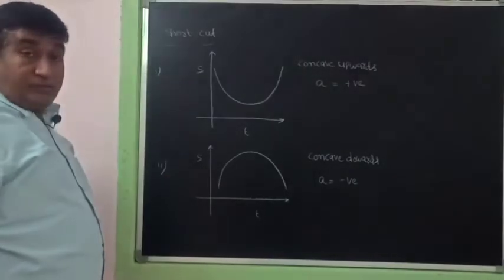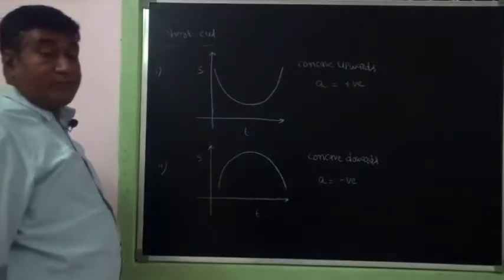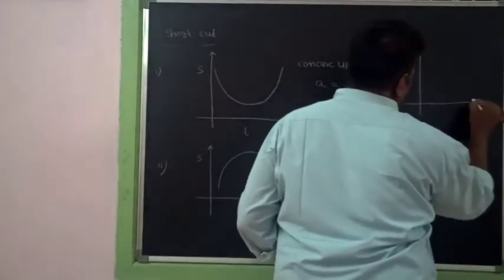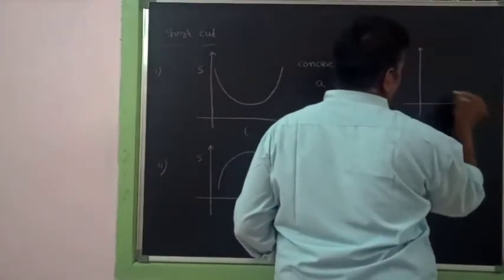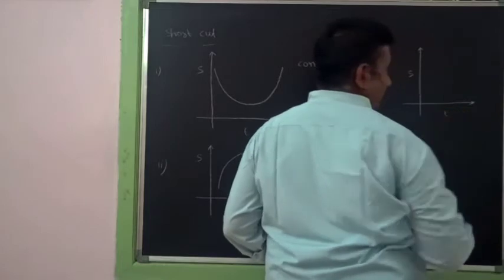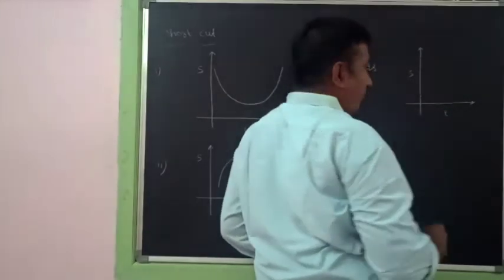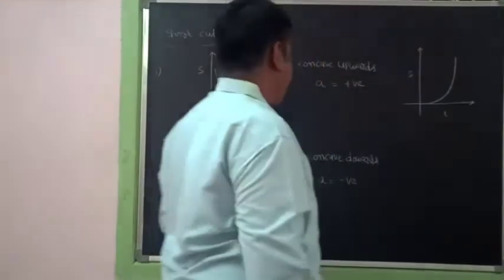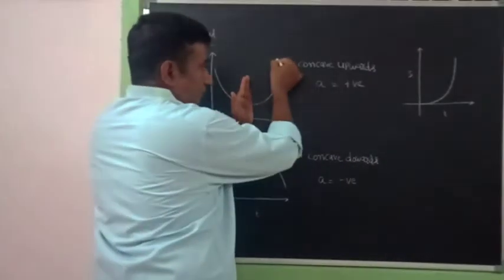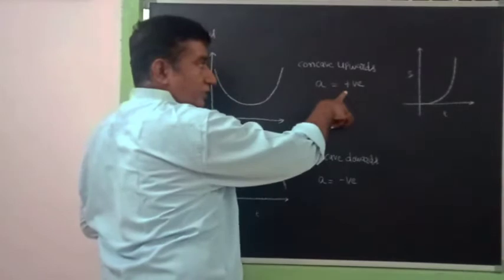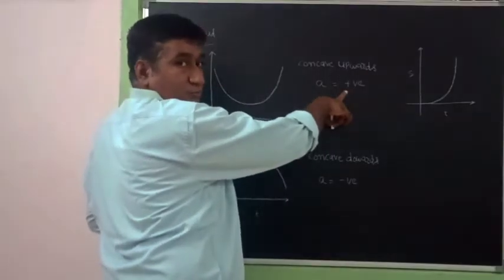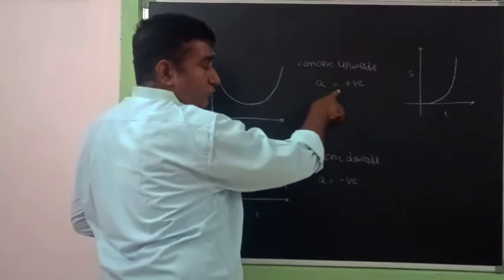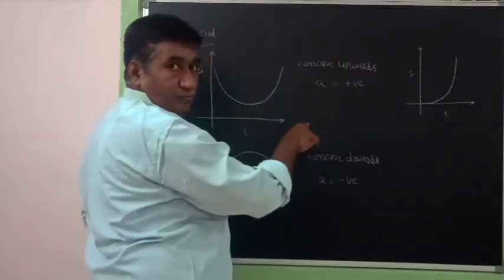If you remember, while discussing the displacement-time graph, I said that a particle moving with uniform acceleration gives half of a curve like this one. In such a case the slope is positive and acceleration is also positive, and it is uniform.